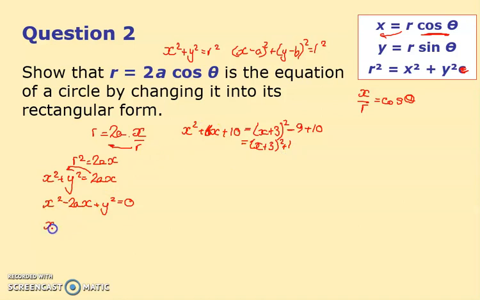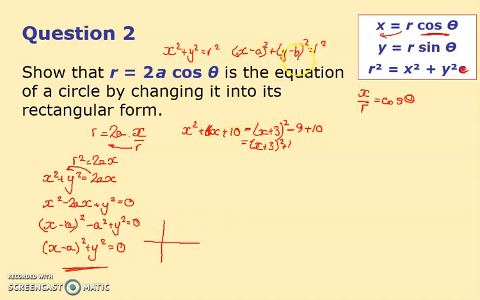So I can write x minus half of that, which is a, so x minus a all squared. Don't forget to take away the square of this thing here, so minus a squared plus y squared equals 0. Now I can move the a squared over, and I get x minus a all squared plus y squared equals a squared. And this is a circle. Now it's actually a nice simple one.